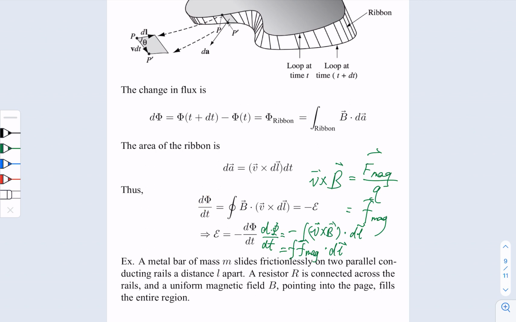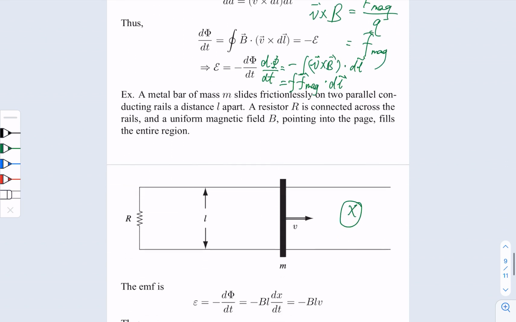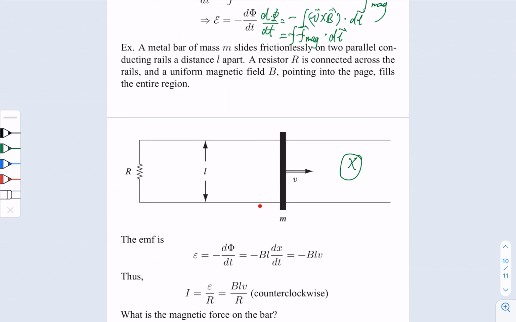Whether the current flows in this direction or the other direction may not be intuitive if we apply the formula here, because everything is scalar. So the direction of the current flow is actually hidden in this formula.